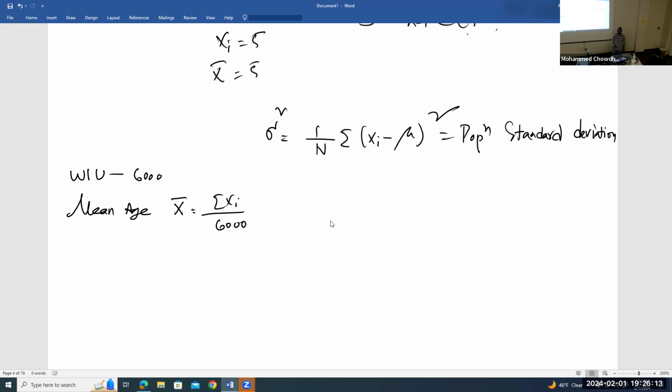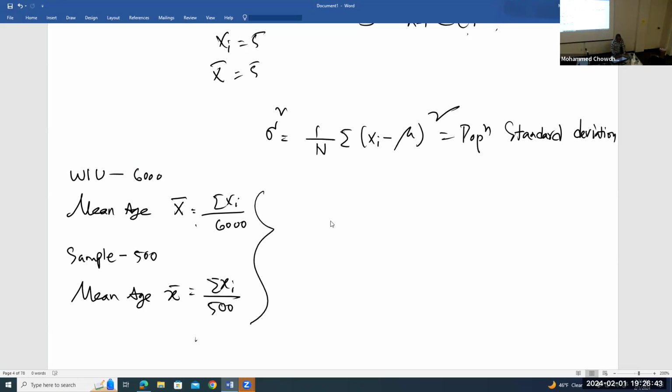Xi stands for the age. This is the mean age. But suppose I want to take a sample of 500. Then mean age equals the sum of xi over 500, right? Clear, right?